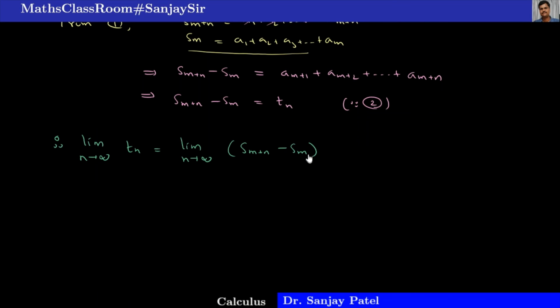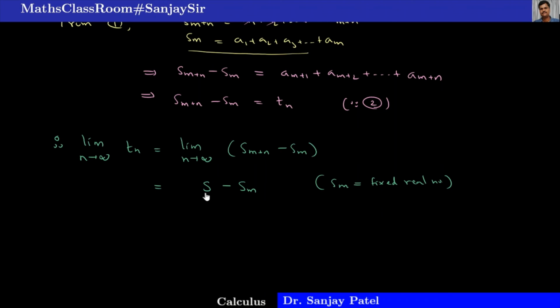Remember, n is tending to infinity, m is fixed, m is a fixed natural number. So this is equal to S minus Sm. So this Sm remains as it is, because Sm is a fixed real number. It is fixed.